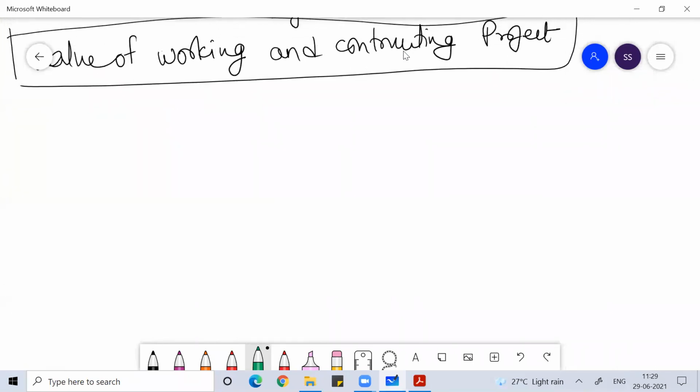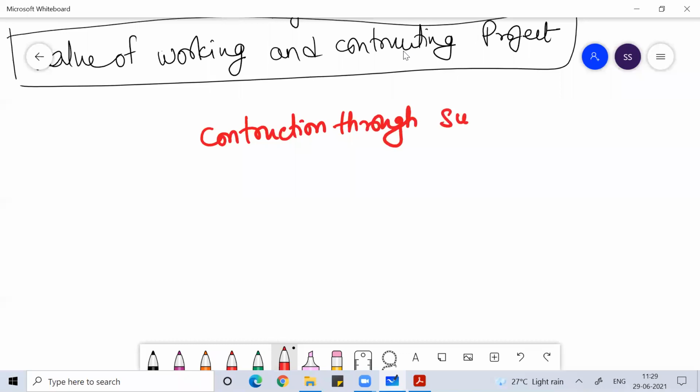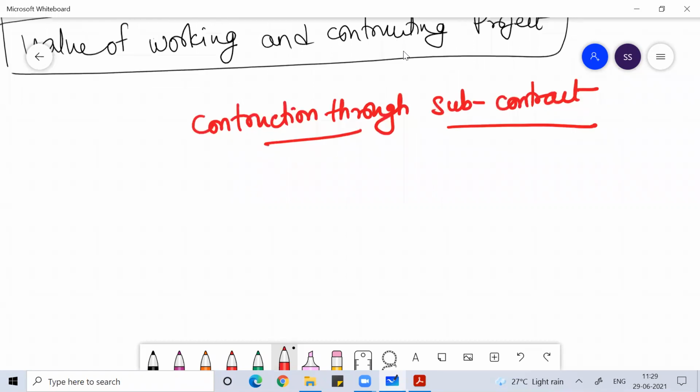Now, if I go with subcontract, if my objective is to simply get the project. If I get the project, then I'll give it to a third party and let the third party do the construction.